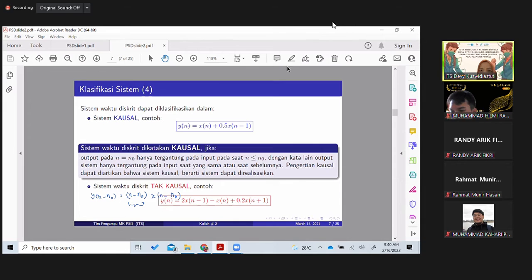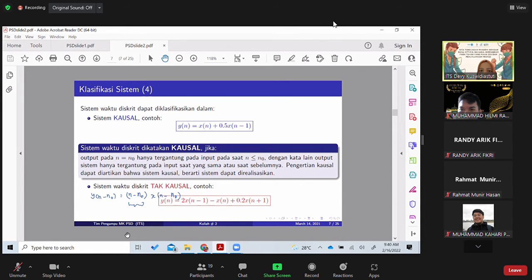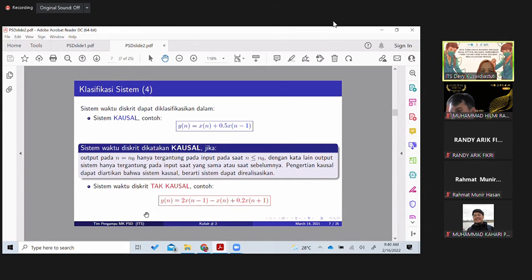For example, in this equation, the system is non-causal because of the last part of this equation. This one makes the system non-causal. If you see, this is like a fast forward system in this time signal.